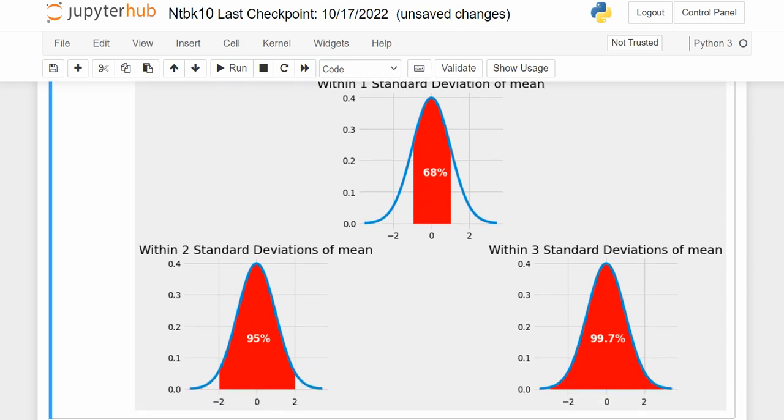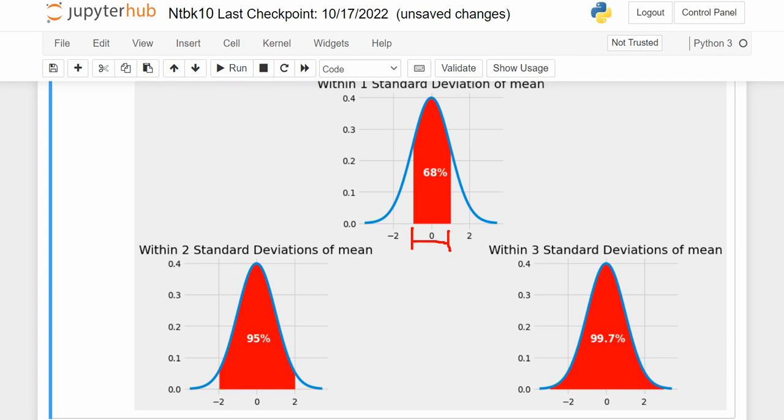And I'm sorry, it's just hard to get it all on the same page here so you can see it. But here it is. The empirical rule says that within one standard deviation of the mean, we're going to capture about 68% of all the people in that distribution. So if we're talking about SAT scores, about 68% of SAT scores are going to be within one standard deviation of the mean.